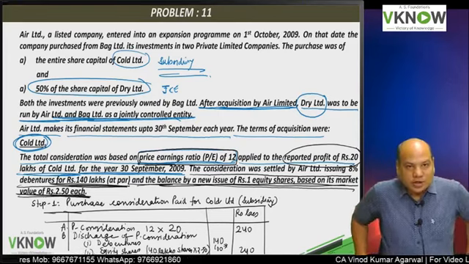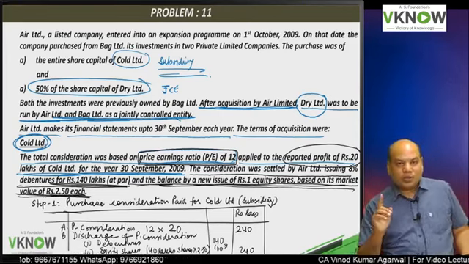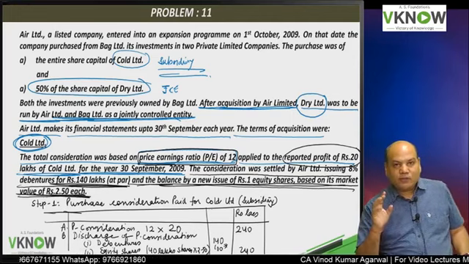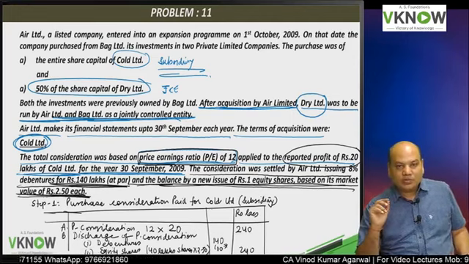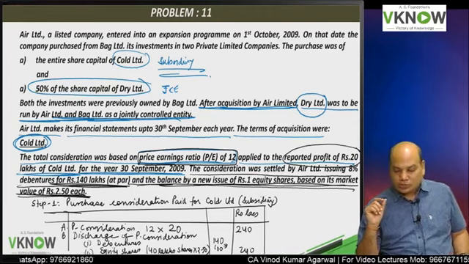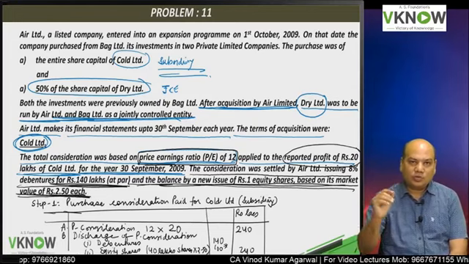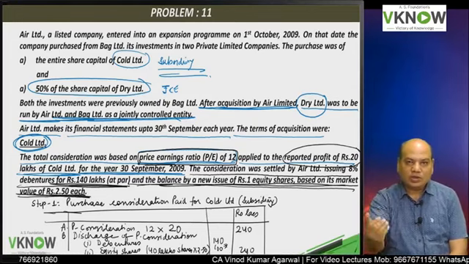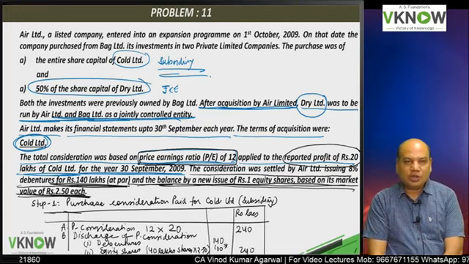So I will just read the answer again for you. The purchase consideration is based on a formula called P multiple, that is earnings multiplied by P ratio. Earning is 20 lakh, P ratio is 12. So the total amount payable is 240 lakh.